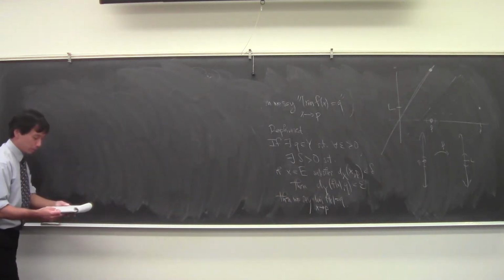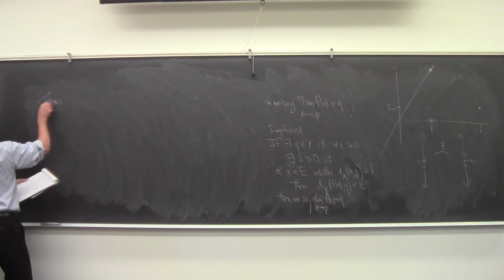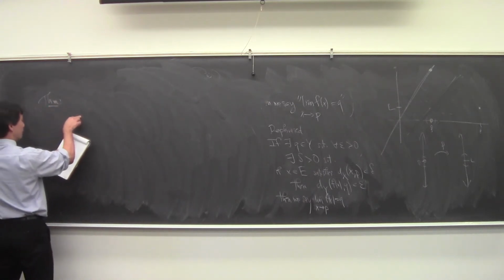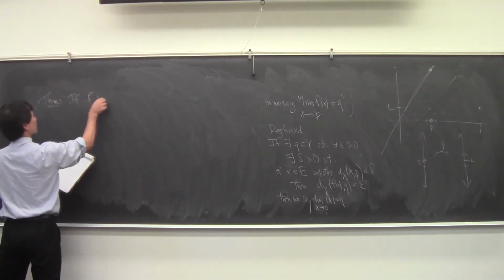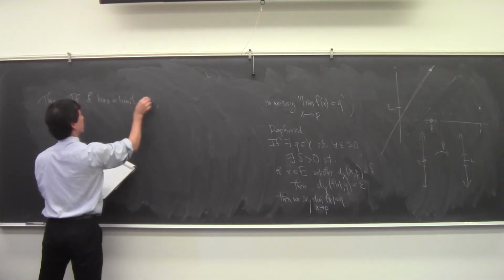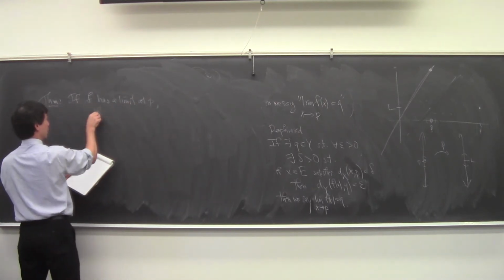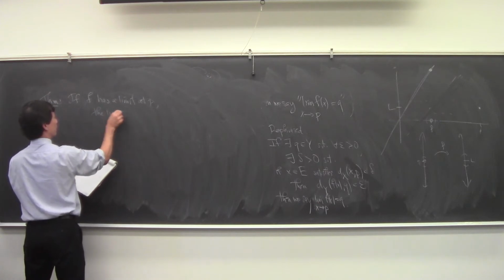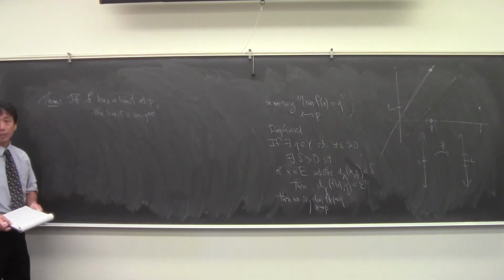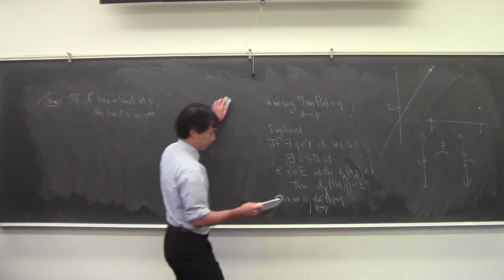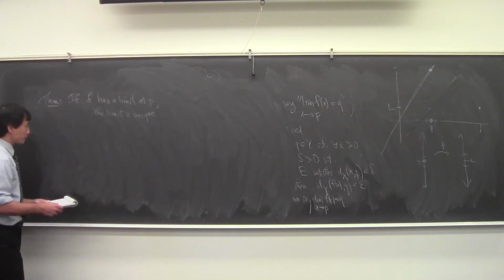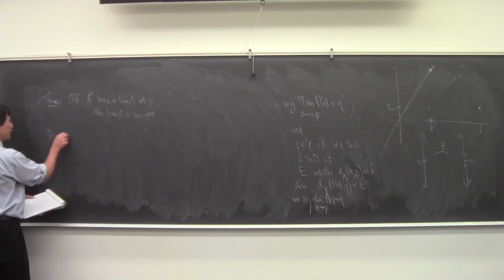Now let's do some theorems that you're familiar with from high school. If f has a limit at P, that limit is unique. Here's the picture of the proof.